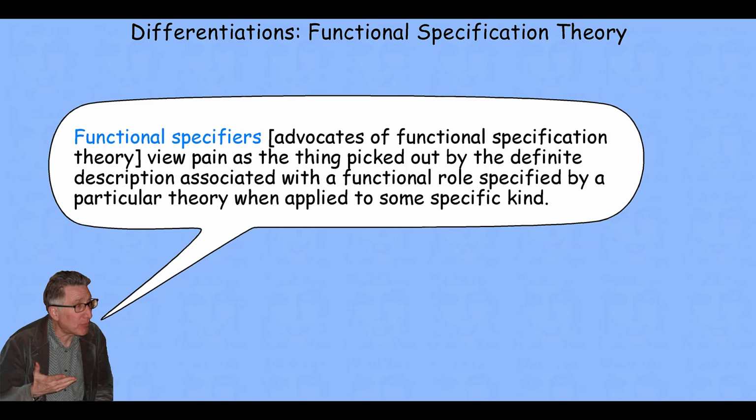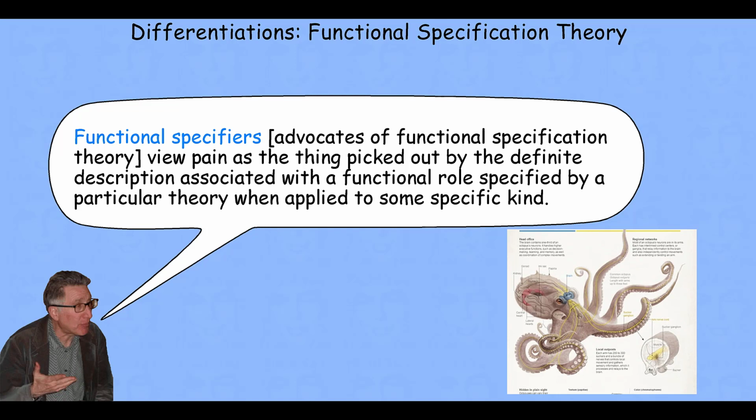So while Putnam and maybe Fodor would be willing to talk about pain in terms of both C fiber stimulation in human beings and high activation of the brachial mass in octopi, functional specifiers will talk about pain as being, say, C fiber stimulations, and they would look at the functional specification of the brachial mass in octopi and say, no, that doesn't count. Brachial masses aren't the same as C fibers.